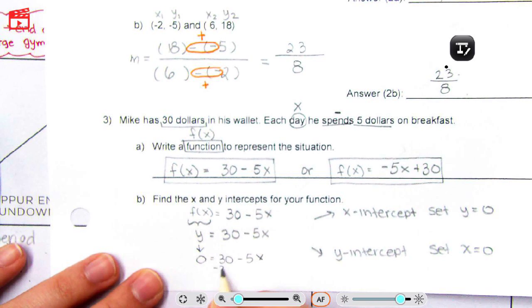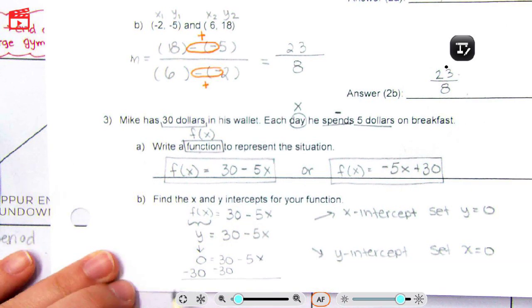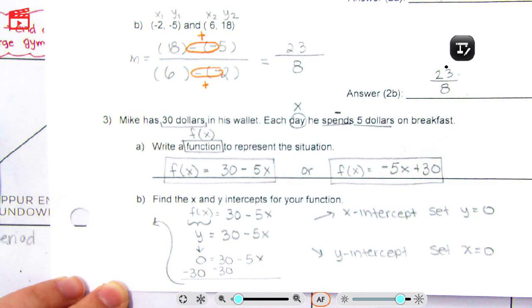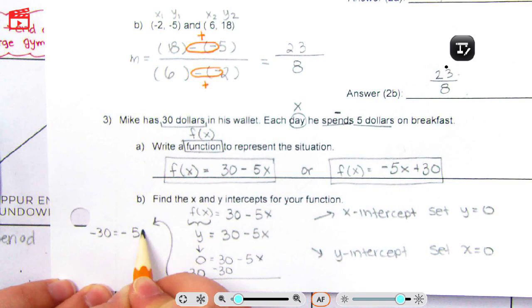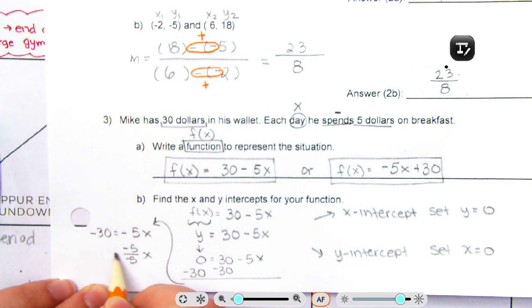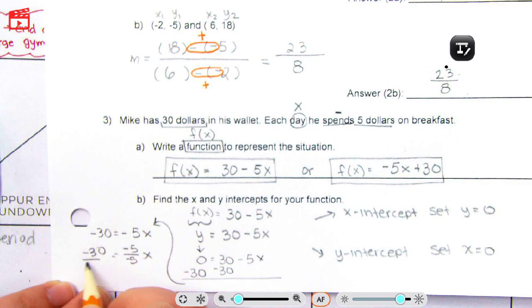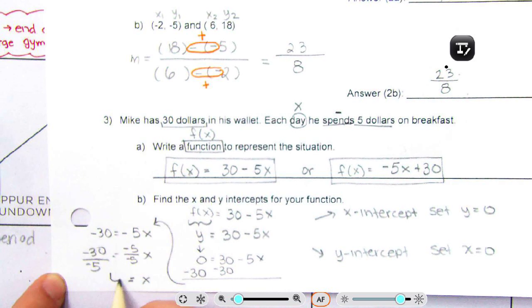I'm going to subtract 30 from both sides. I'm going to write here because I am running out of room. So I have negative 30 is equal to negative 5x. I'm going to divide both sides by negative 5. 30 divided by 5 is 6. Two negatives make a positive, so I have x is 6.